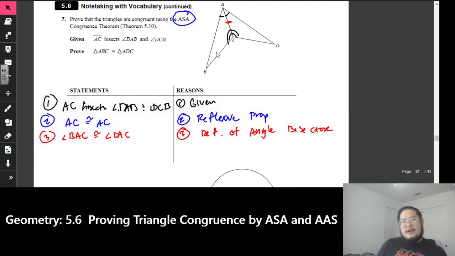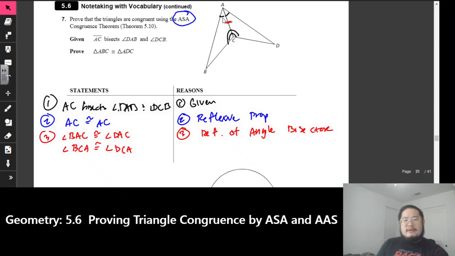I think we have another angle that got bisected, right? This one right here. So let's add this onto statement 3, and I could say that angle BCA is congruent to angle DCA. Definition of angle bisector.